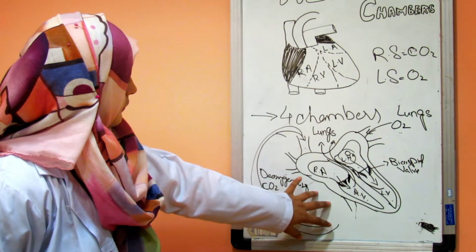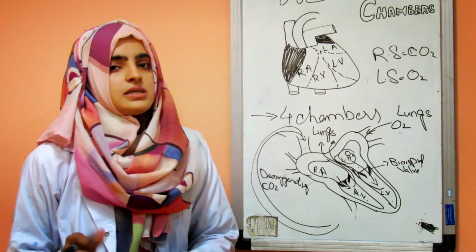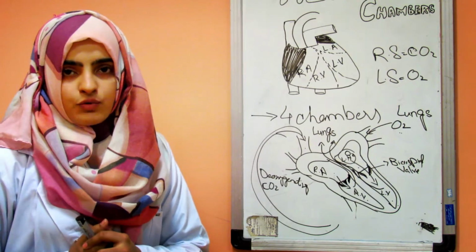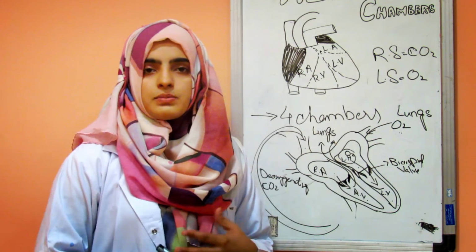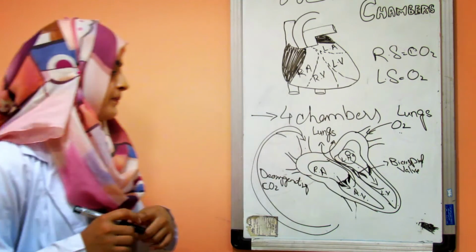Here we are finished with all this. Now I can give you a review. Just listen to where blood comes from and where it goes. The body has two types of blood: deoxygenated blood and oxygenated blood. First of all, we will discuss deoxygenated blood.